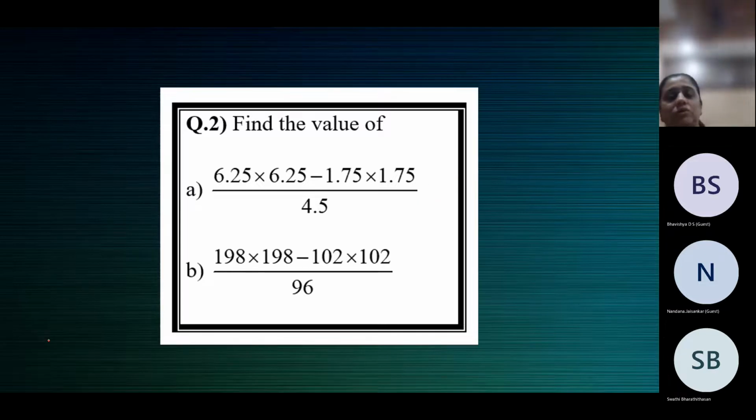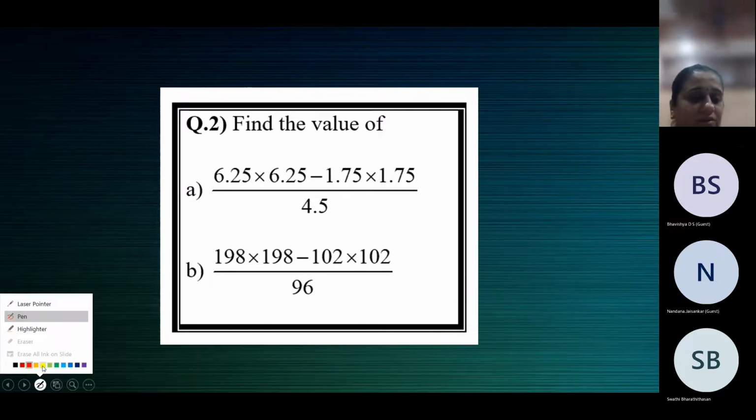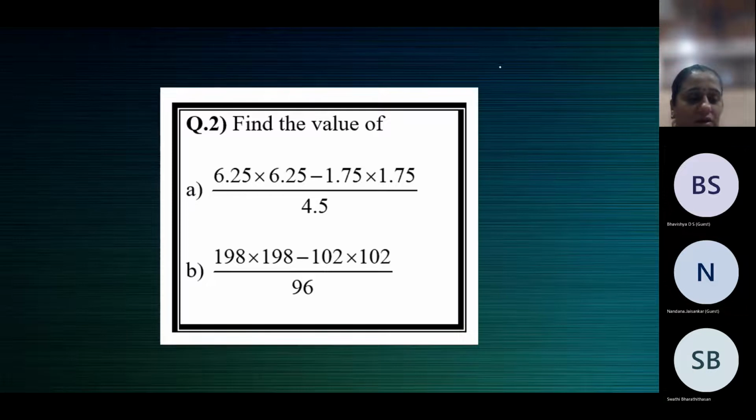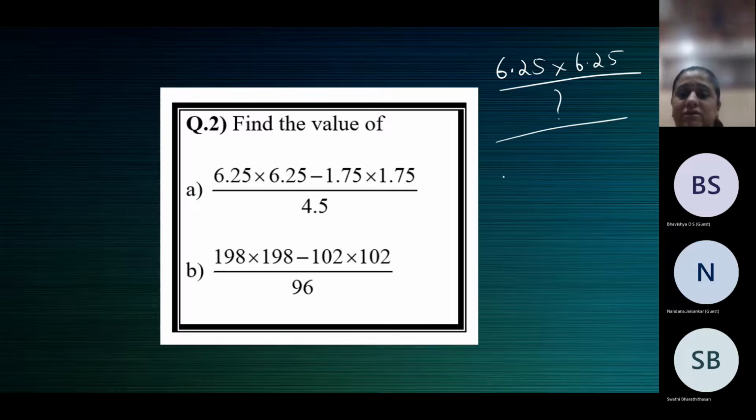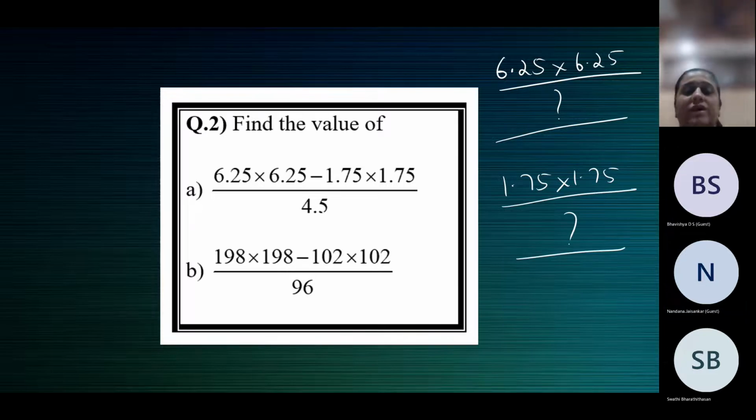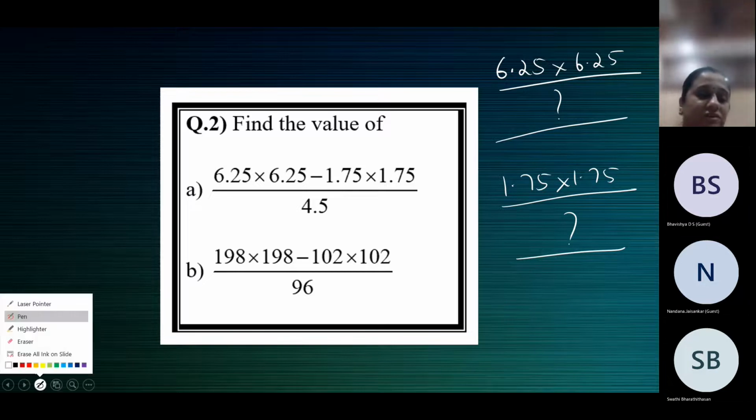We have to make use of an identity to simplify this or to find the value of this expression. You should not be finding the products like this: 6.25 into 6.25, getting the product, and then 1.75 into 1.75, getting the product, and then subtracting the two, and then dividing by 4.5. It's not like that.